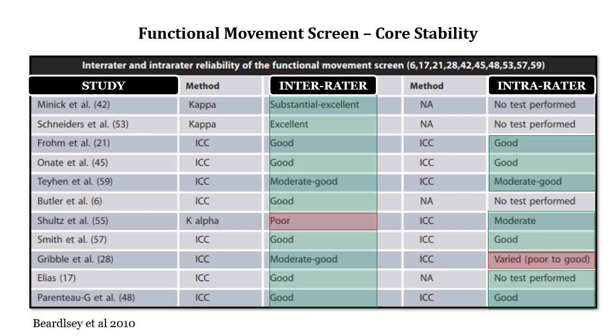There are a couple of studies, as you can see, that have shown lower scores, but the predominance of the evidence suggests good reliability. It is recommended that you do several screens to familiarize yourself, as the reliability of the practitioner is really established after 100 repetitions.